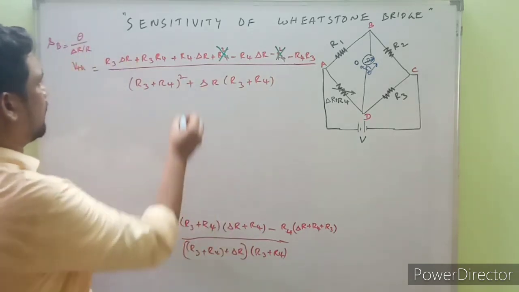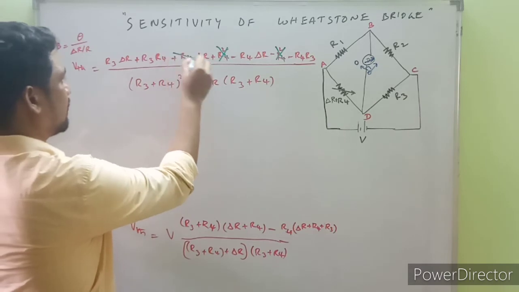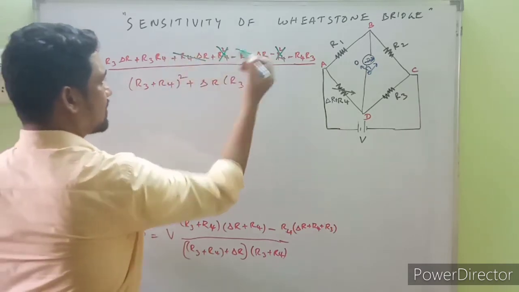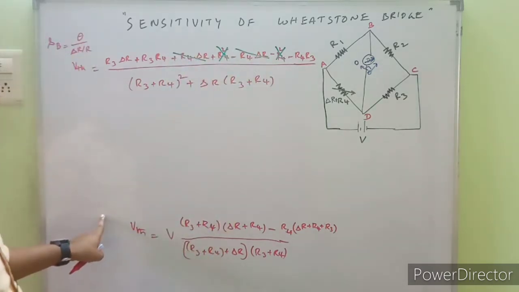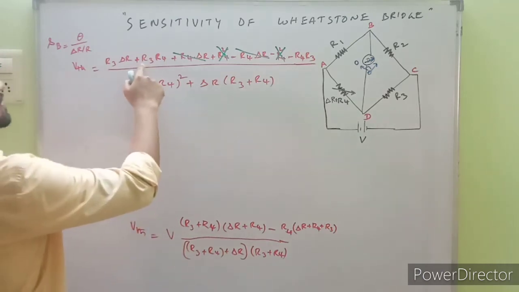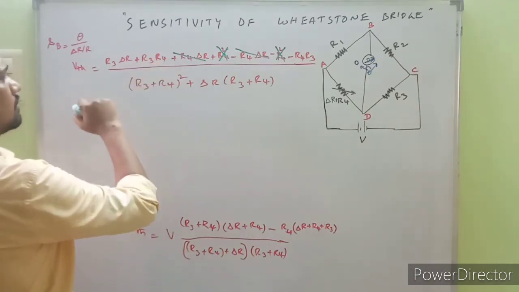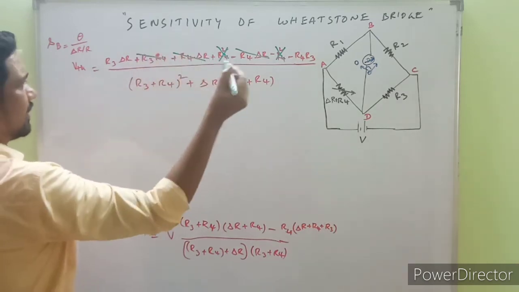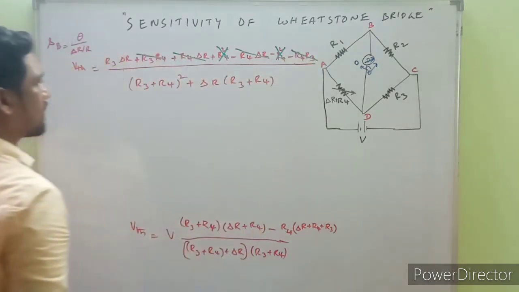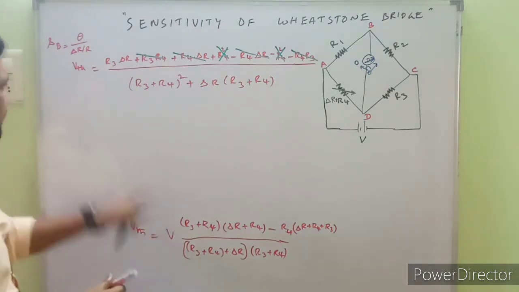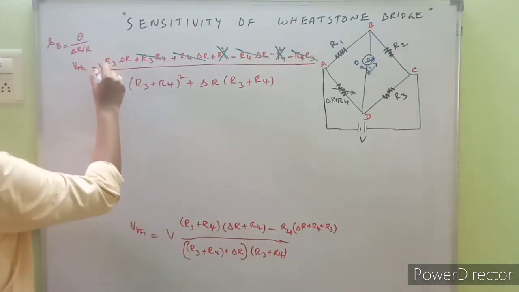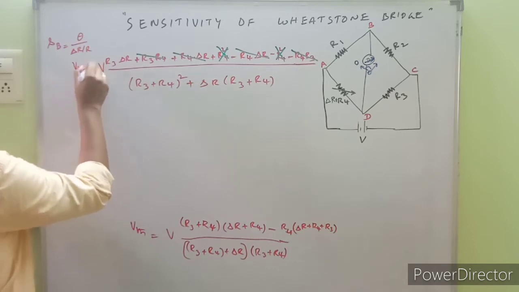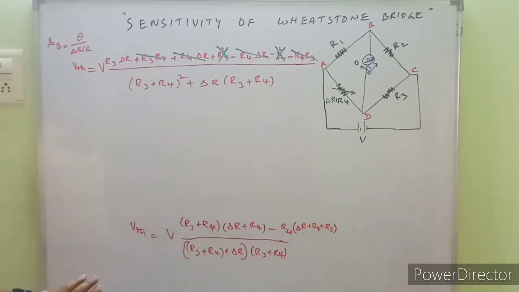Plus R4 into del R minus R4 into del R gets cancelled, and here plus R3 R4 and minus R3 R4 get cancelled. And I forgot to write this V over here, the supply voltage V as it is, I didn't write that, right?